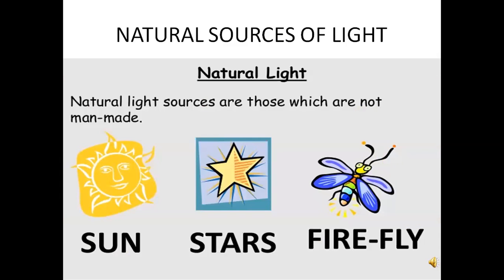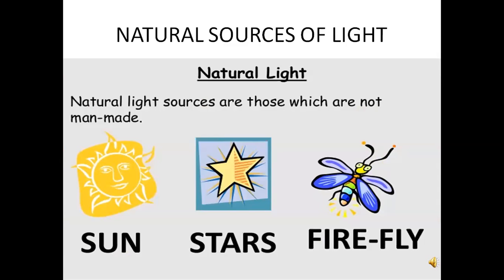Natural sources of light. Natural light sources are those which are not man-made. Sources which emit light naturally are known as natural sources of light. The sun is the primary and the major source of natural light.